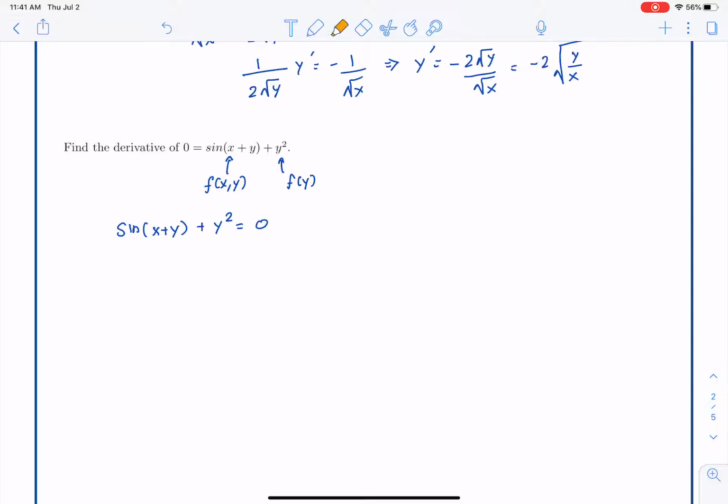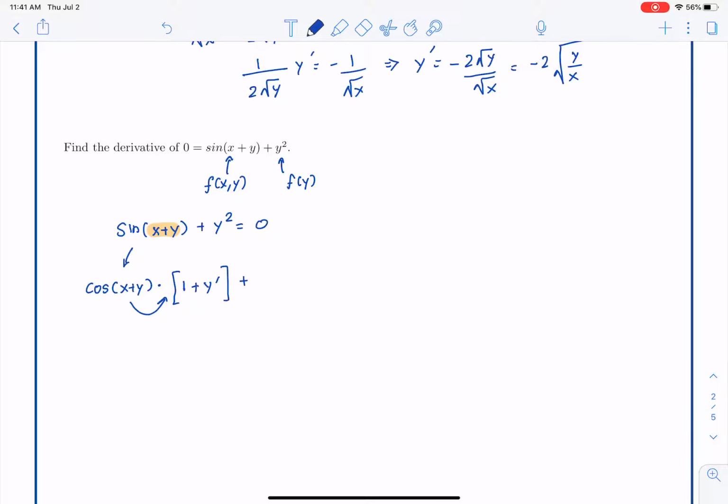Now we're going to treat that entire thing as one term. So the derivative of sine of x plus y is cosine of x plus y, chain rule, multiplied by the derivative of the inside. And derivative of x is simply 1. Derivative of y is y prime.